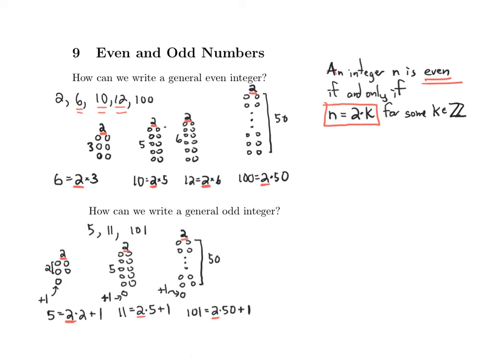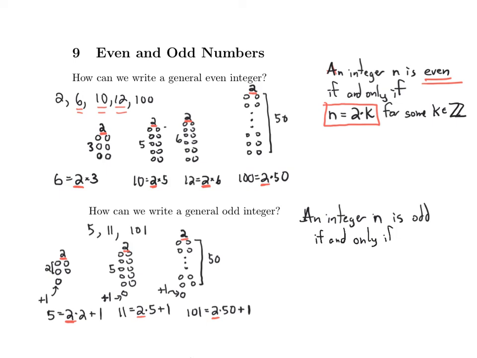And so a general odd integer is kind of the same thing. You can think of it as an even integer plus 1 more. So let's write that down. An integer n is odd if and only if. And another way of expressing it, maybe you don't want to say if and only if, you could write if with 2 f's, or you could write exactly when, or is necessary and sufficient.